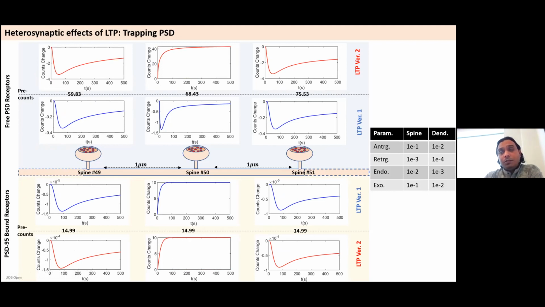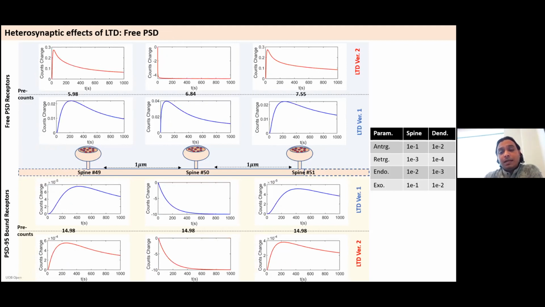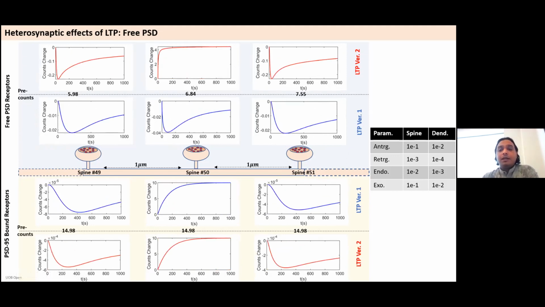Now, if we remove the trapping PSD situation, we observe that the well-performing LTD version 2, where the spine head was shrunk, and the LTP version 2, where the spine head was enlarged, have now lost their performance, and the heterosynaptic effects have gone down.